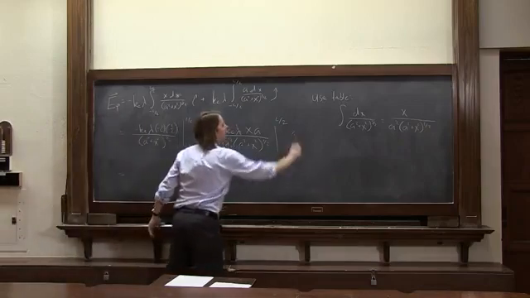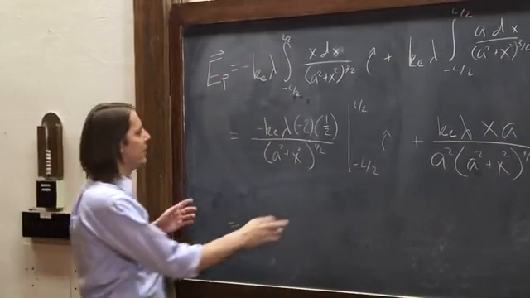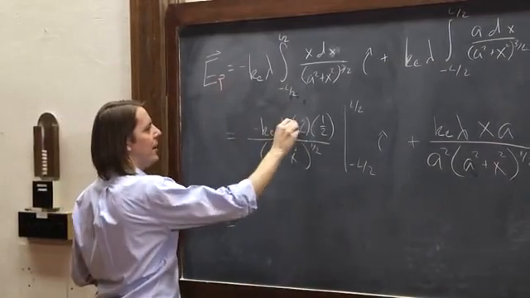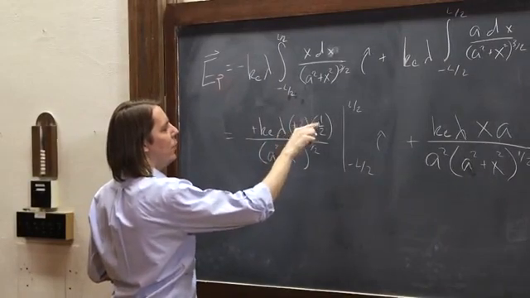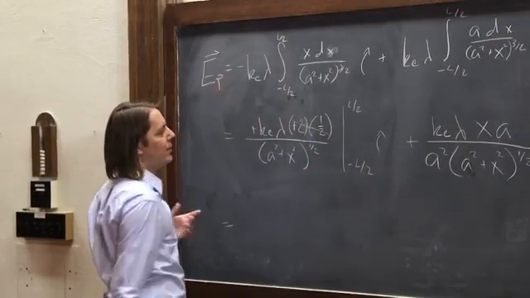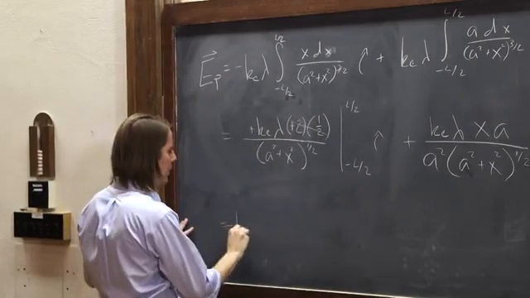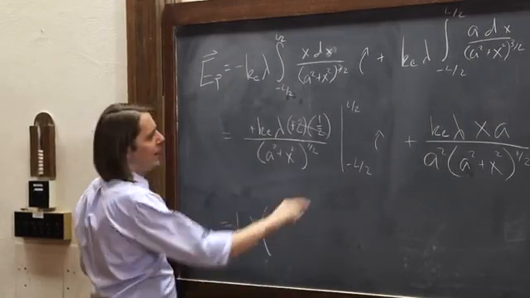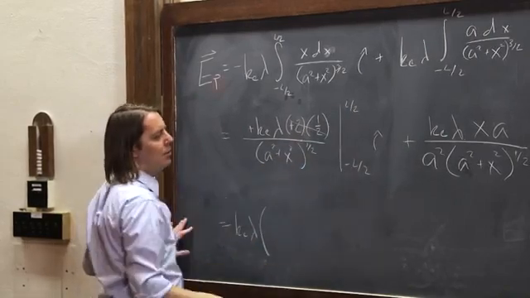That's j hat. So now we're going to apply the limits minus L over 2 to L over 2 and see what we get. So let's see, a lot of stuff's going to go away here. That and that go away. The 1/2 and the 2 basically cancel to make 1. So pretty much what we have here is k e lambda. I'll pull them out. And we're going to plug in L over 2 into the x. And we're going to plug in minus L over 2 into the x.